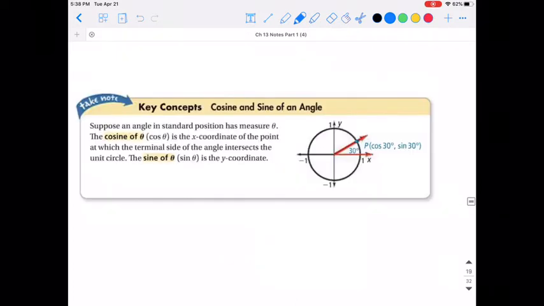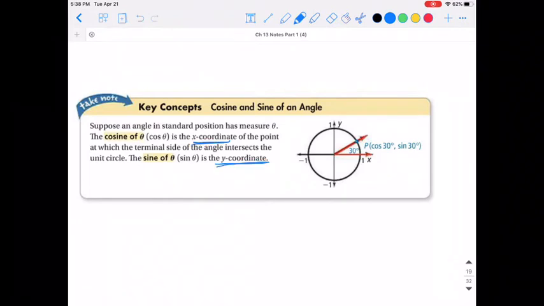Key concept for cosine and sine of an angle. Suppose an angle in standard position has a measure theta. The cosine of theta is the x-coordinate of the point at which the terminal side of the angle intersects the unit circle. The sine of theta is the y-coordinate.